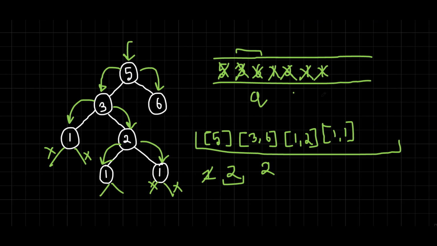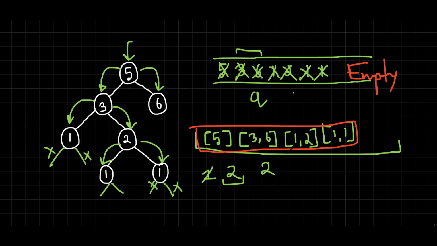Now we see that our queue has become empty, which means we do not have any remaining nodes in the queue. And our sequence is this. This is the level order traversal sequence of the given tree, and this is how the breadth first search algorithm works.